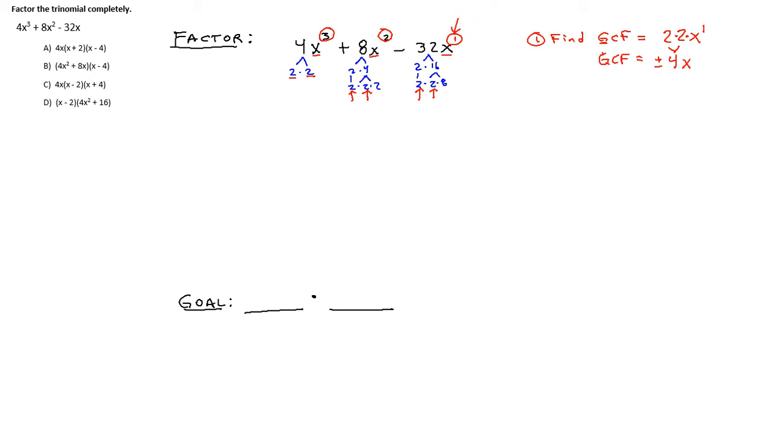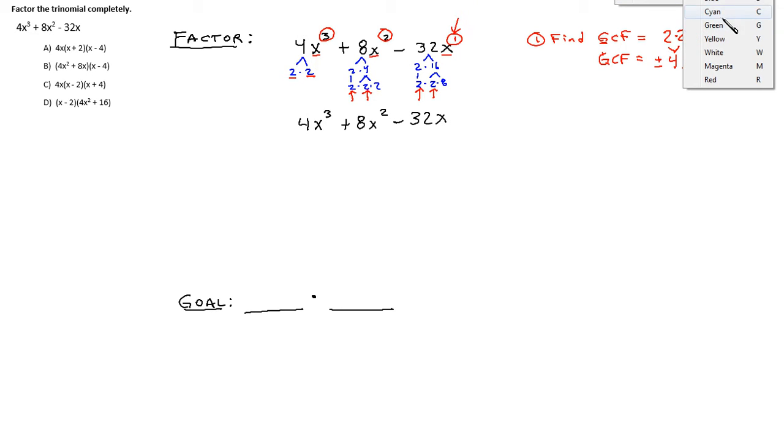Okay, I'm going to write a clean copy of the original polynomial that we're being given. 4x to the third plus 8x to the second minus 32x. And then we're going to factor out the GCF. I'm going to write the remaining polynomial. Once we factor out the GCF, we have 3 terms.